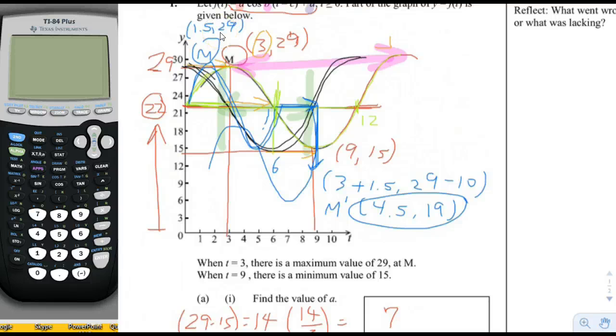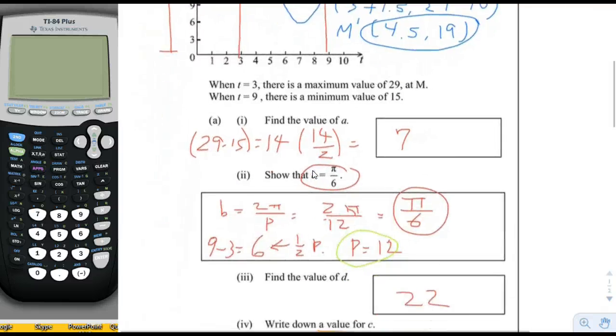Then you do a horizontal translation to the right by 3, so that becomes 4.5, and then a y translation down by 10, and then that becomes 19. So that's another way you could have done it. You didn't have to graph any of it, okay? But that's what it looks like if it happens.